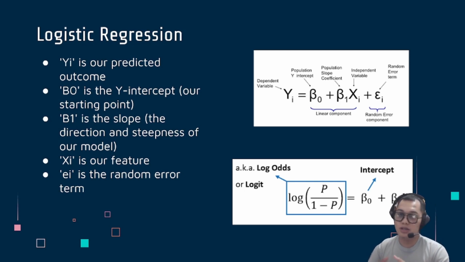And this is the most important part in our modeling, where from logistic regression we can take the log odds, or logit, from the formula, and based on this log odds and logit, we can convert it into a score.